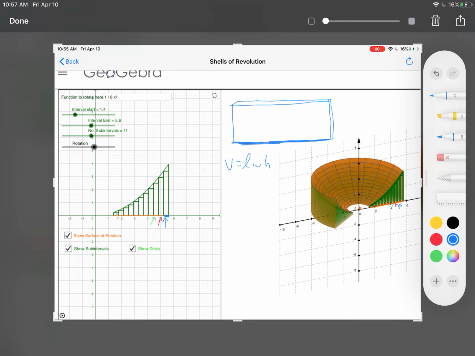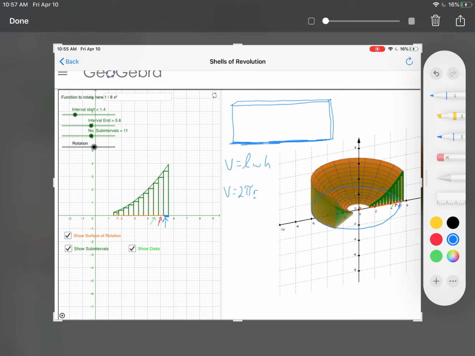This length here represents this value, which is actually the circumference of the circle. So that's going to be 2 pi times the radius, and we'll think about what that radius is in a few minutes.